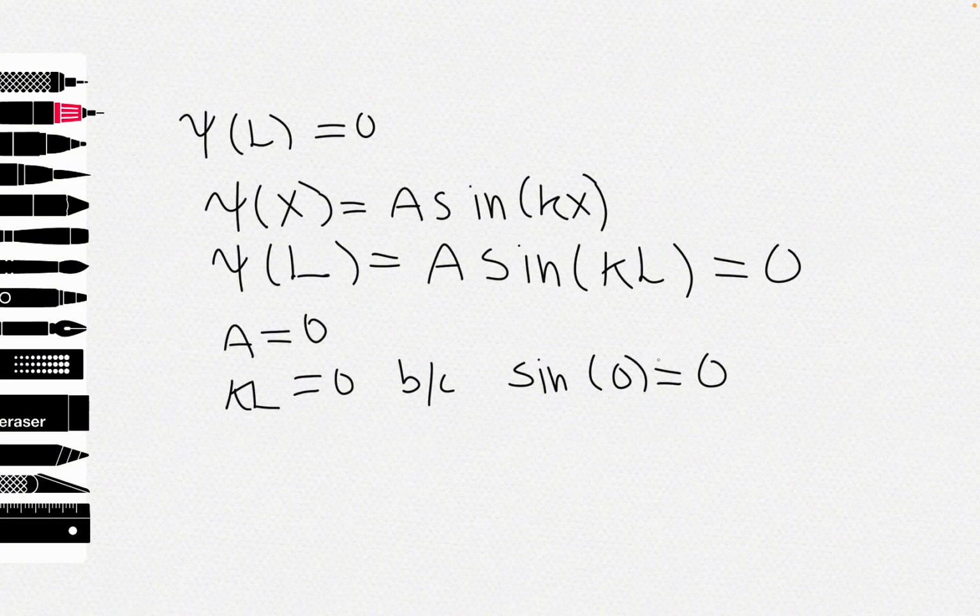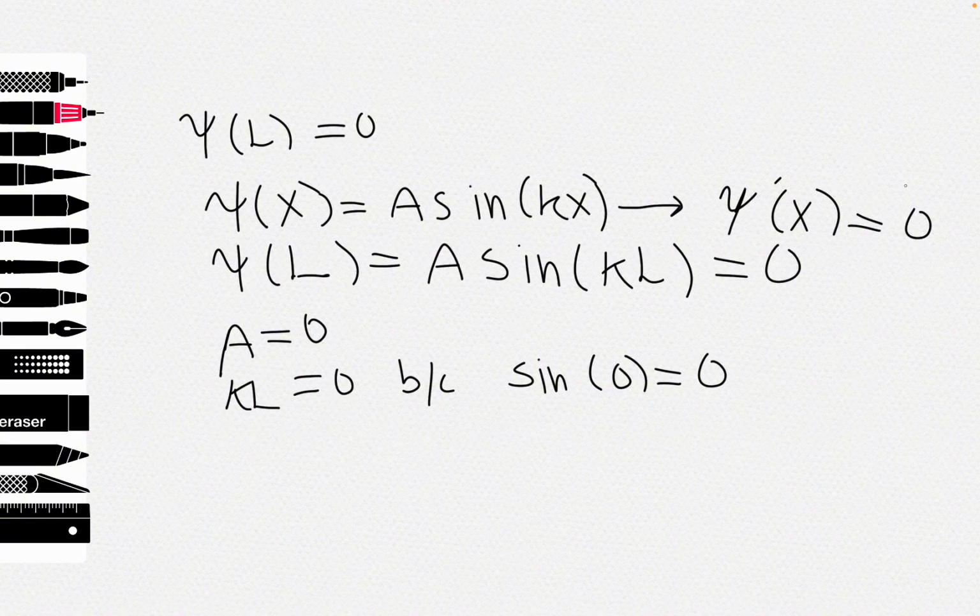All right, so let's say that A cannot possibly equal 0. Well, why is that? Well, if A is equal to 0, then our wave function would simply just look like this. This isn't useful because this basically says that the particle doesn't exist between 0 and L. So the probability of finding it is also equal to 0.